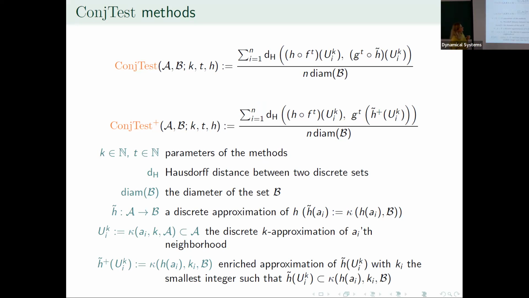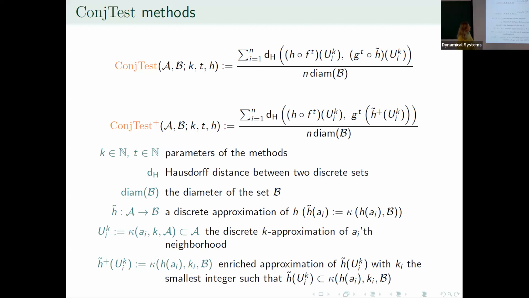So in a perfect situation, when h gives you a semi-conjugacy between these 2 time series, if this really well approximates this time series in a nice way, then these 2 point clouds will overlap, let's say, in a perfect ideal situation.